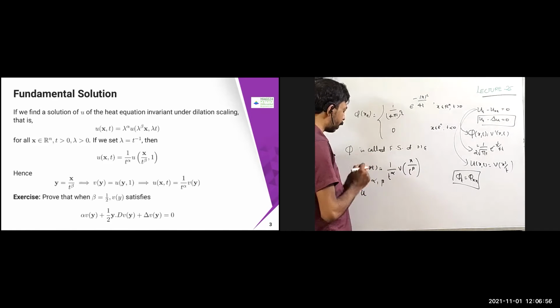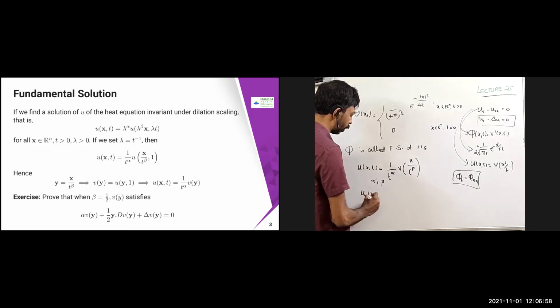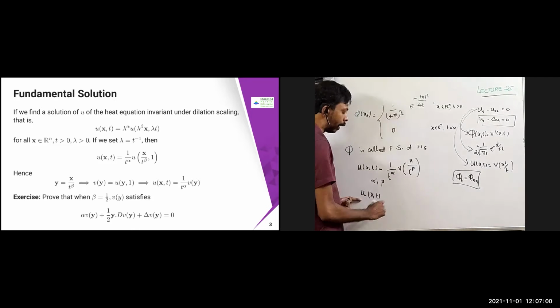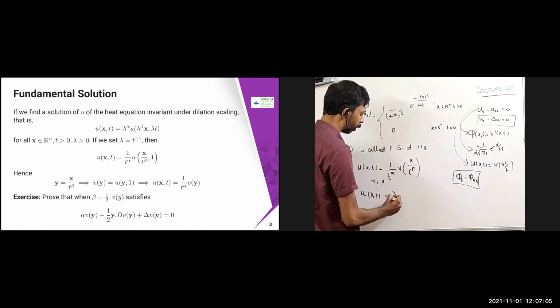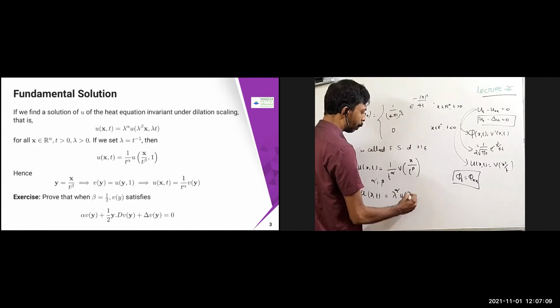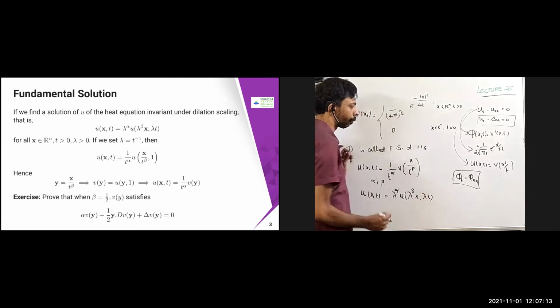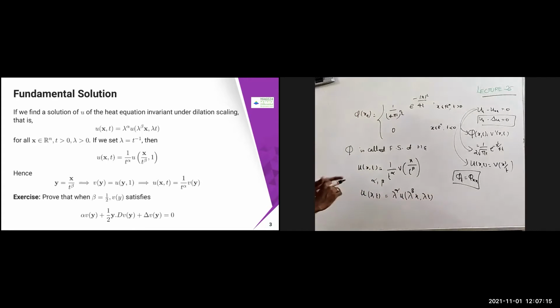The definition of dilation invariant is that u of x comma t equals lambda power alpha into u of lambda power beta x comma lambda t. This is the thing called dilation invariant, invariant under dilation scaling.